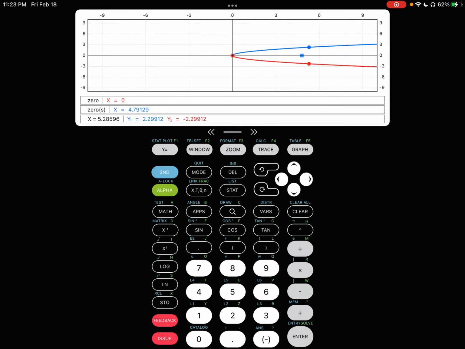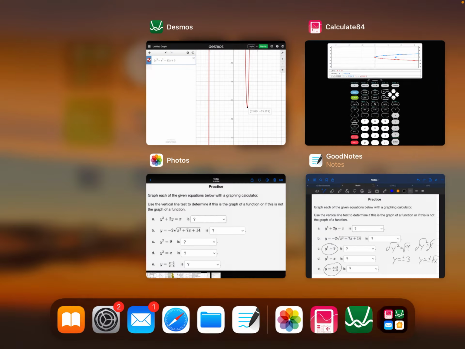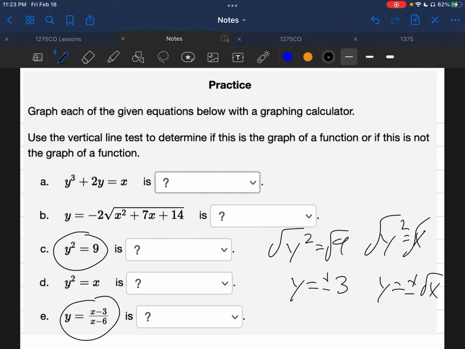So here's our graph: y equals radical x, y equals negative radical x. Is this a function? Does it pass the vertical line test? Right, and you can answer that right here. And you should be able to put this in and then see if it passes the vertical line test.